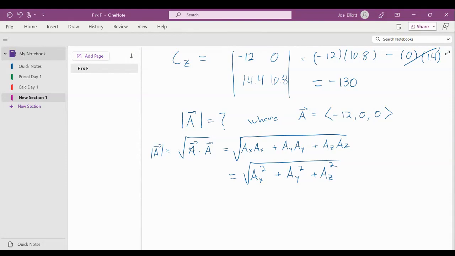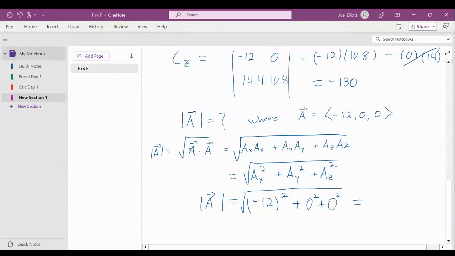So obviously if you wanted to do A, you would do negative 12 squared plus 0 squared, if you want to be pedantic about squaring your zeros. And you would have, of course, 12 as your final answer.